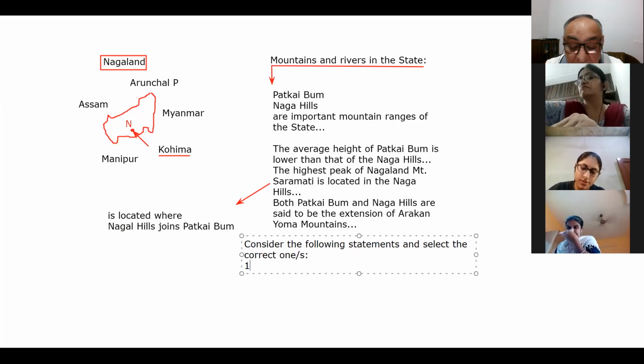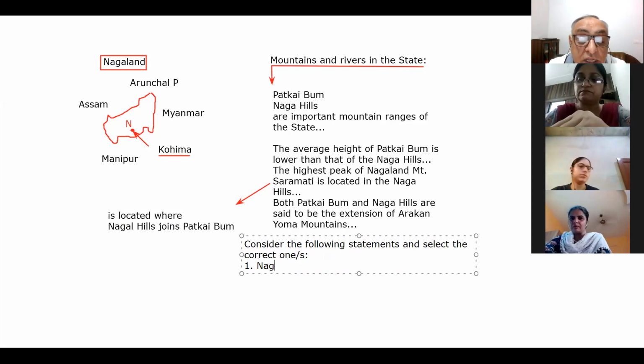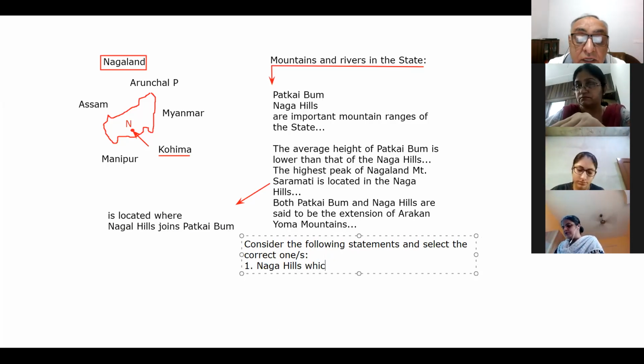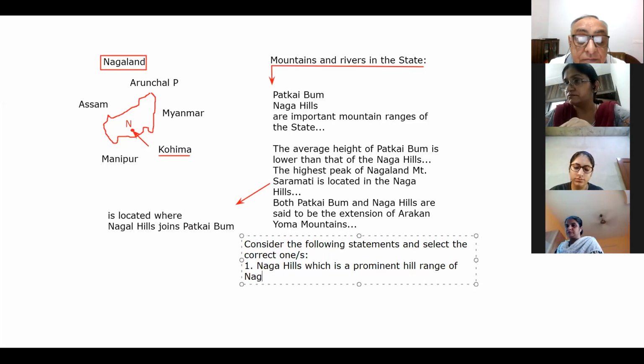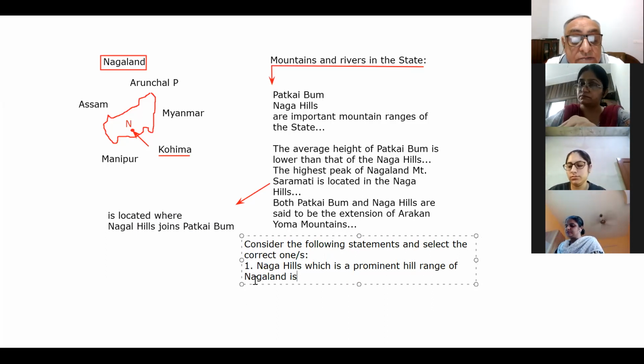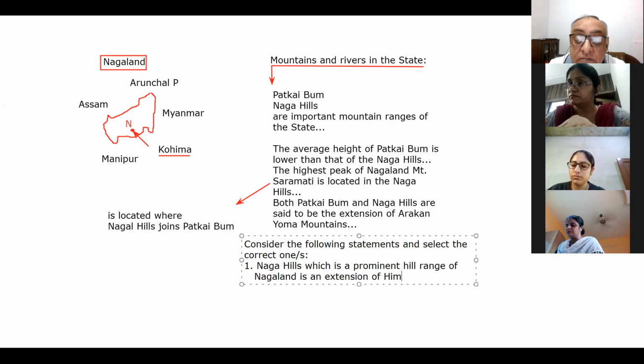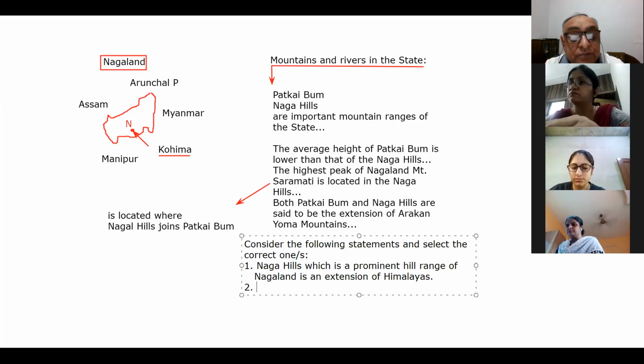The first statement can be: Naga Hills, which is a prominent hill range of Nagaland, is an extension of Himalayas. This is the first point.